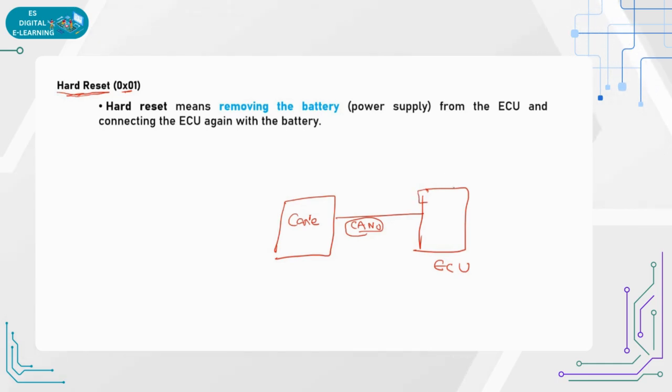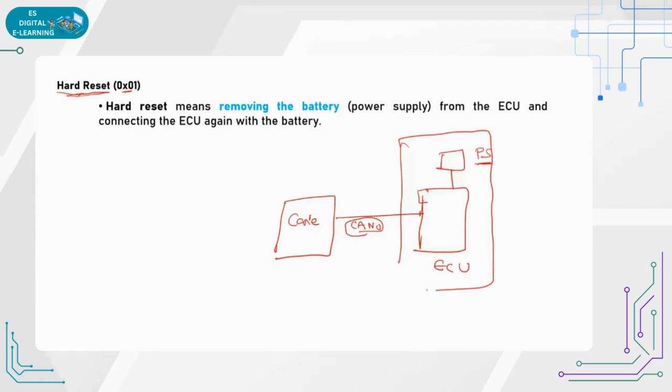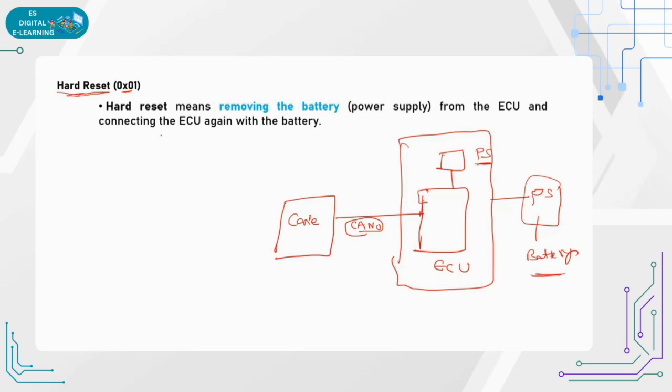But in the ECU we also have a power supply. The power supply is there internally in the ECU. Don't get confused, this is the internal ECU. Externally we are connecting the power supply here, like a battery. Imagine it is a battery. Hard reset means it removes the battery from the ECU and connects the ECU again with the battery.